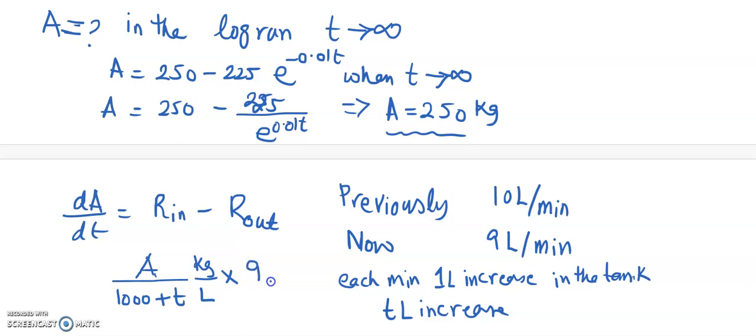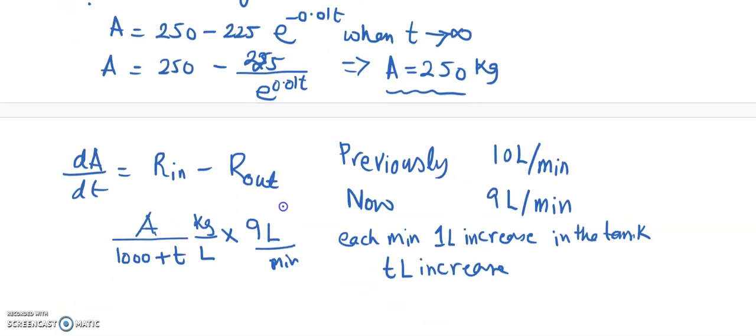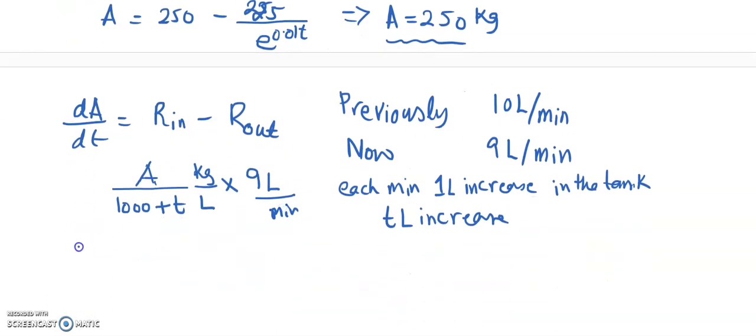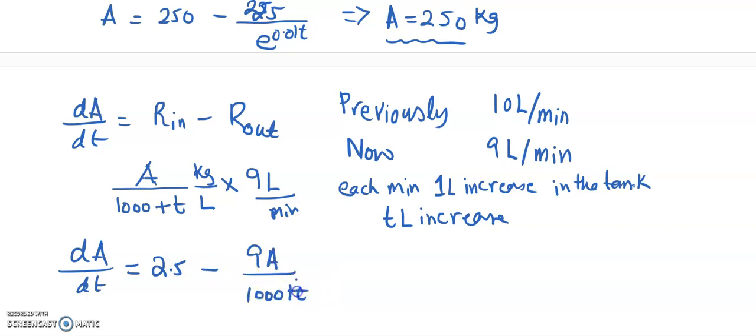We multiply by the outflow rate, which is 9 liter per minute, so it will be 9A divided by 1000 plus T. So the differential equation will be dA over dt equal to R in, which is the same, 2.5 minus 9A over 1000 plus T.